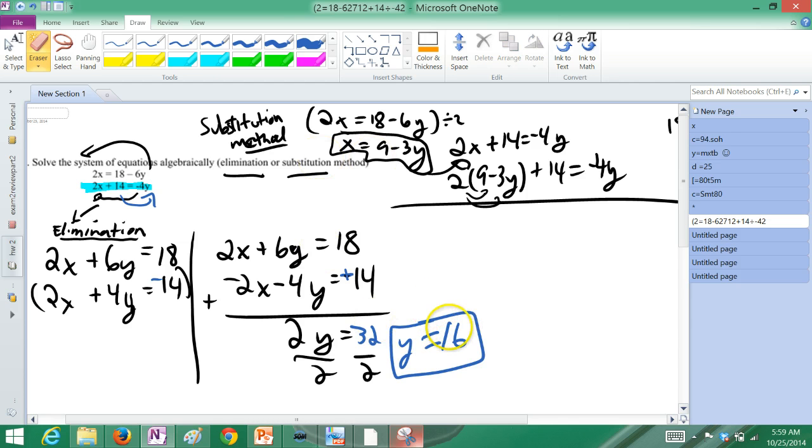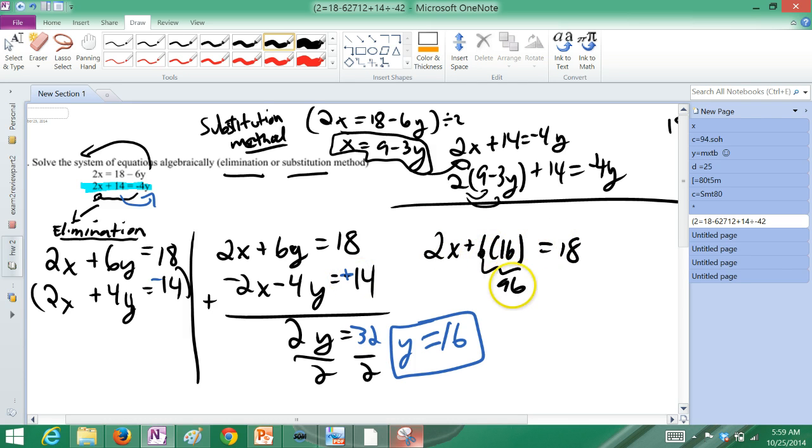Okay, great. And if y is 16, we could take that information back and get the x. Sorry, about to make a mistake, but it's actually a good thing. 2x plus 6 times 16 should equal 18. I believe this is 96.